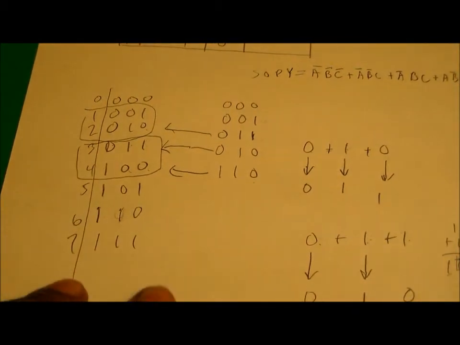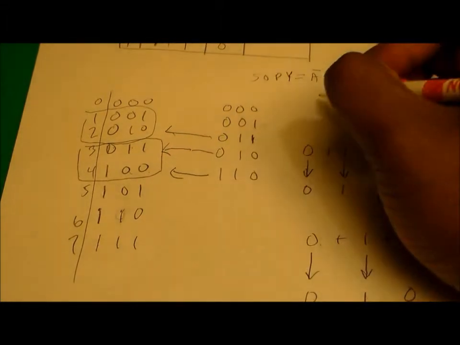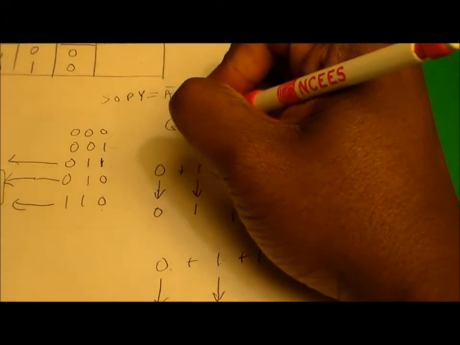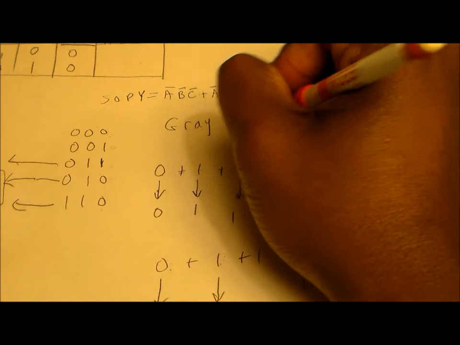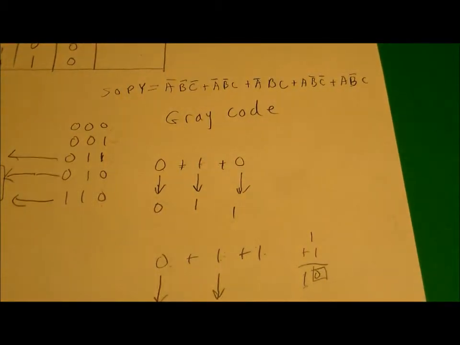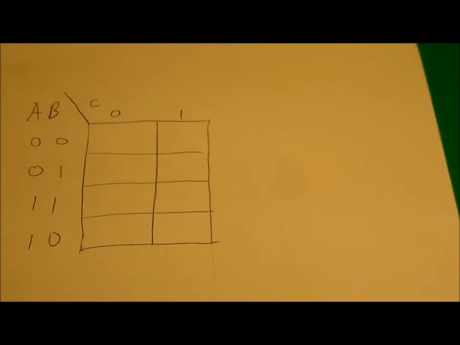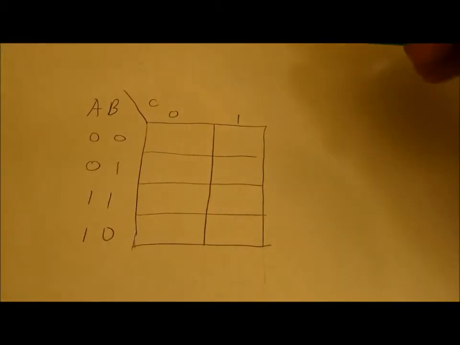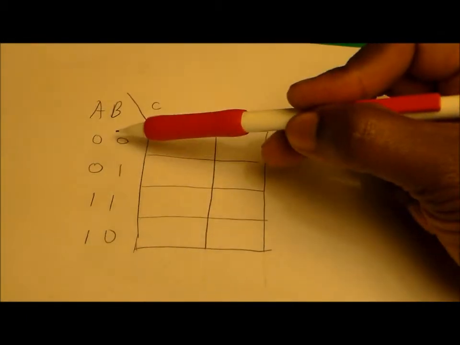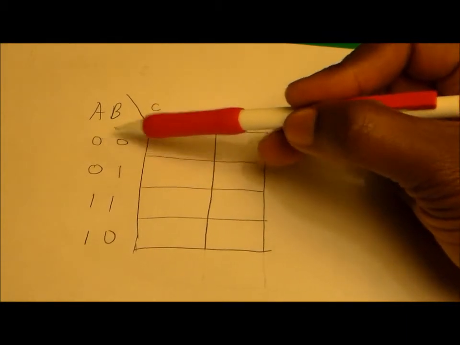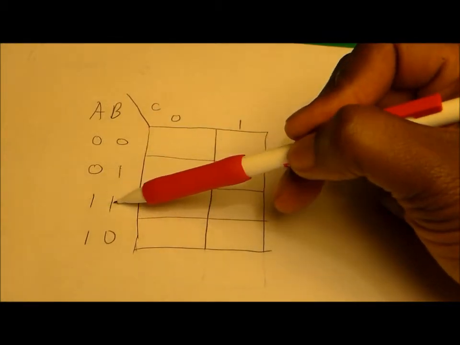Now again, the reason for presenting this gray code is because we're going to need this in order to put together our Karnaugh map. So I have a Karnaugh map that has already been put together, and I'm going to use that here. For this Karnaugh map, you'll notice that off to the left side you have our gray code set up where we have 0, 0, 0, 1, and then 1, 1.